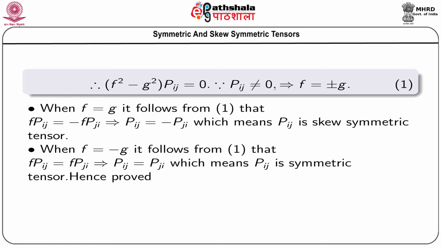That means Pij is a symmetric tensor. Hence, it is proved that when f equals g, Pij is a skew symmetric tensor, and when f equals minus g, Pij is a symmetric tensor.